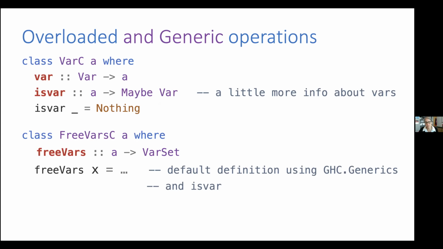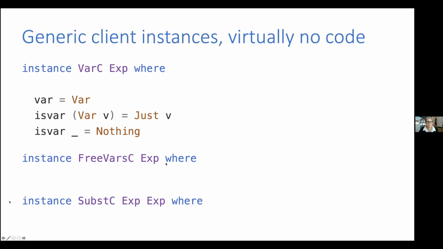The generic definition can just take over, find the variables, find the binders, and call the right functions at the right time, right? And so that means that really the client only needs to write this code. Doesn't even need to write the definitions of free variables or the definitions of substitution. Generic programming can do this for it, assuming that we've communicated to the library how to construct variables and expressions and how to find variables when they're inside of expressions.